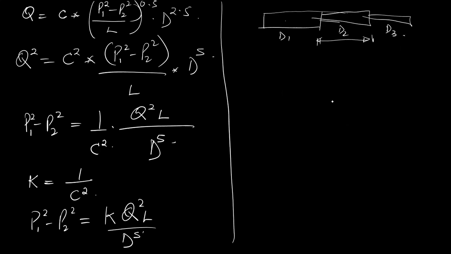So we want to change the diameter of this segment to be the same as D1, so that when we want to calculate, we're using D1 all through. Now, to change D2 to be the same as this, we will find an equivalent length of this segment such that the pressure difference between here and here will be the same, but the length will be different.